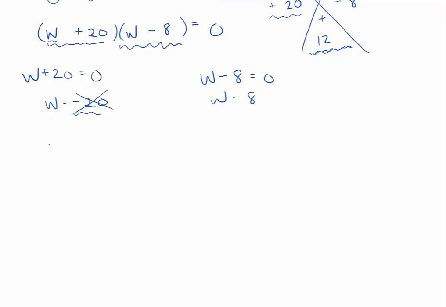So I know my width is equal to 8, and I also know that my length is equal to width plus 12, right? So my length is 8 plus 12, so my length is equal to 20 inches. So it says what are the dimensions of the rectangle?